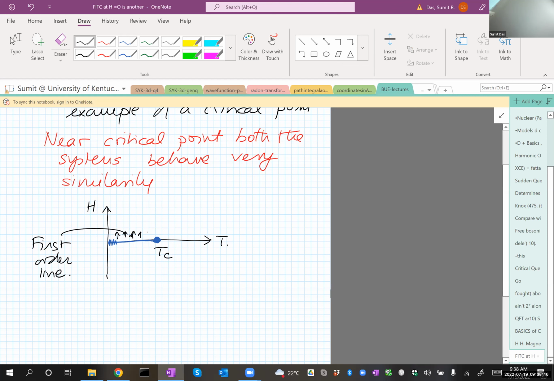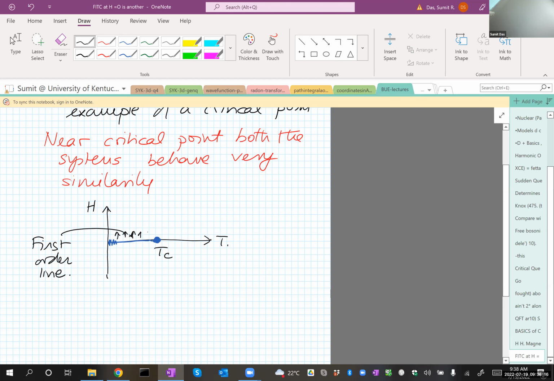You don't go back to the microscopic description in terms of molecules and try to figure it out. You describe this in terms of an effective theory. An example of an effective theory in that case is hydrodynamics. The hydrodynamics is governed by its own laws. And these laws, of course, contain some parameters which are described by the microscopic physics, but the laws themselves are independent of the nature of the microscopic physics.